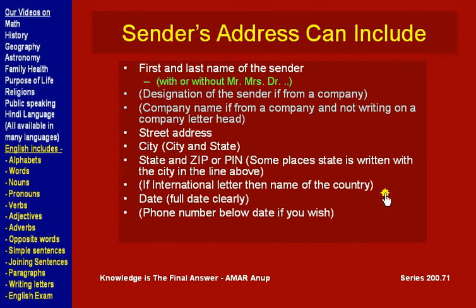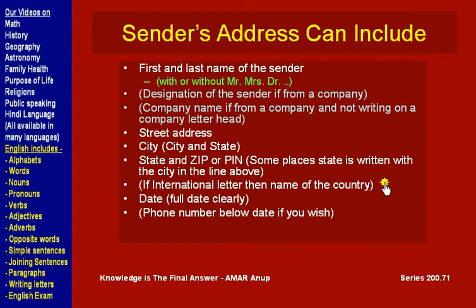Next thing is, if you are sending an international letter from your country to another country, then in the sender's address you must write your country's full name clearly, because when the receiver is writing back to you, he or she should have easy access to where the letter has to be sent back.